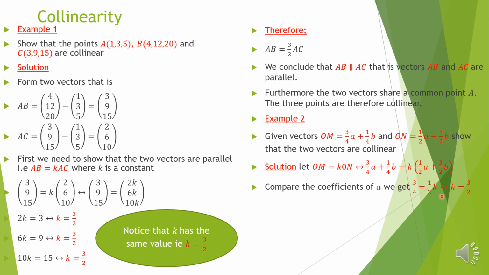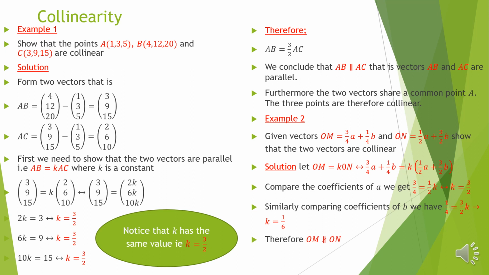By so doing, you get that K equals 3 over 2. Similarly, comparing the coefficient of B, we have a quarter here equals 3 over 2 K. And if you simplify that one, you'll get that K equals a sixth. That is, K equals 1 over 6.